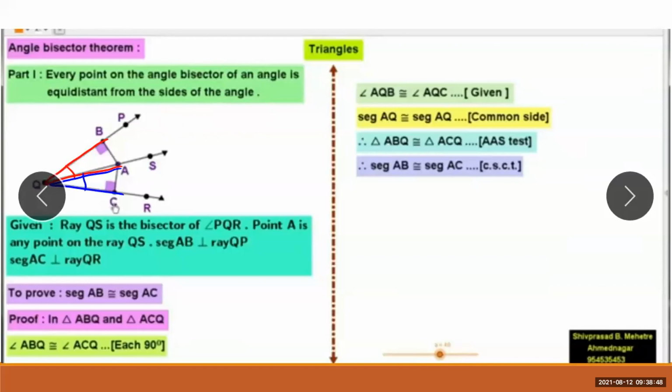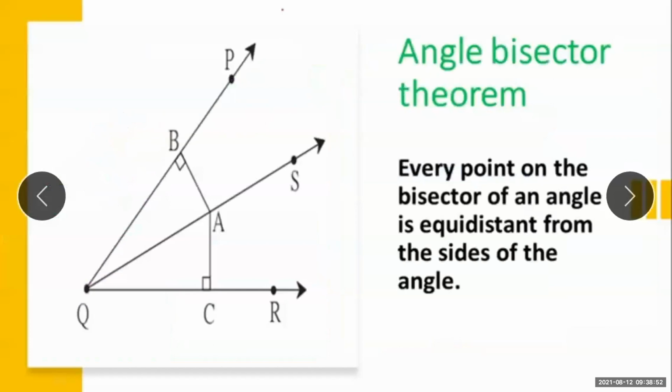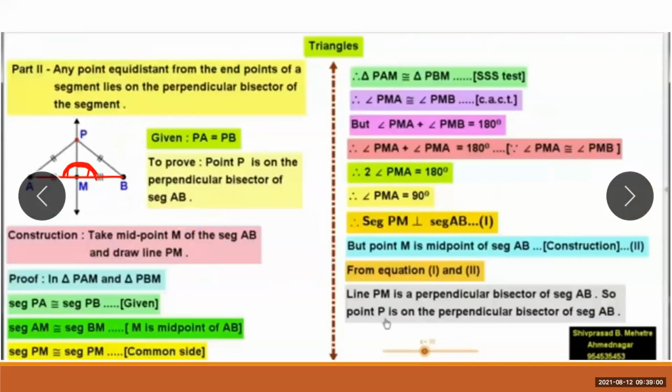Now in each theorem, the same concept. You have to show two triangles congruent to each other. The first step in the proof is let them show two angles congruent to each other. Here also same.